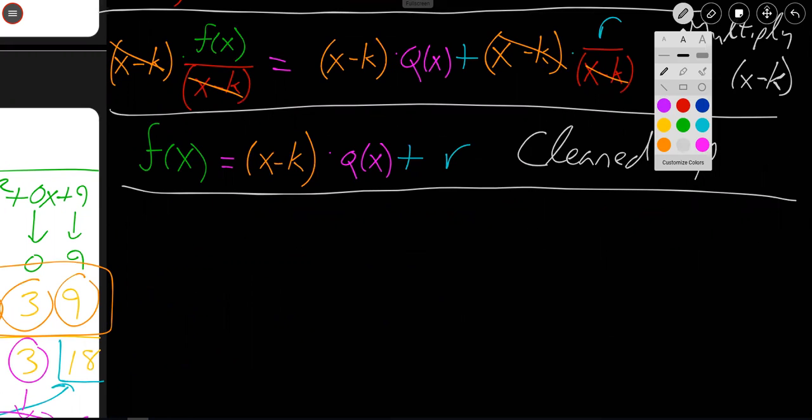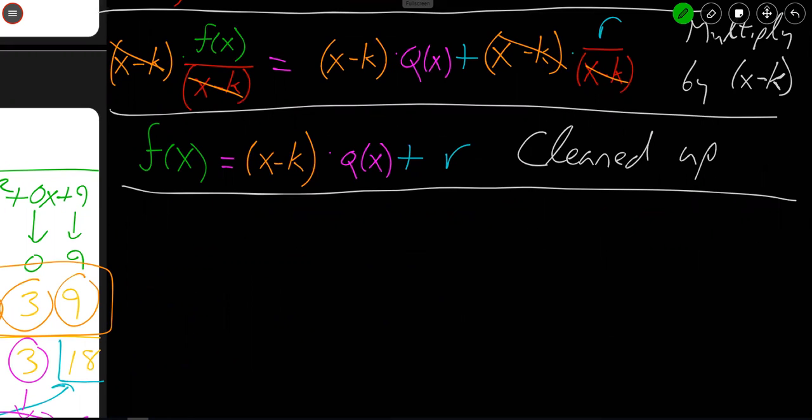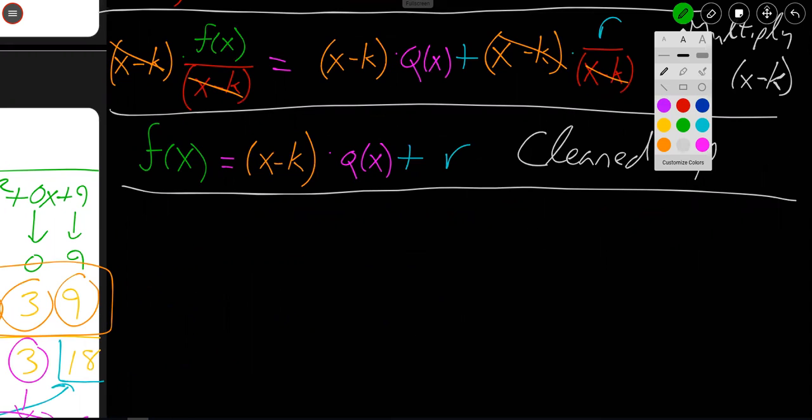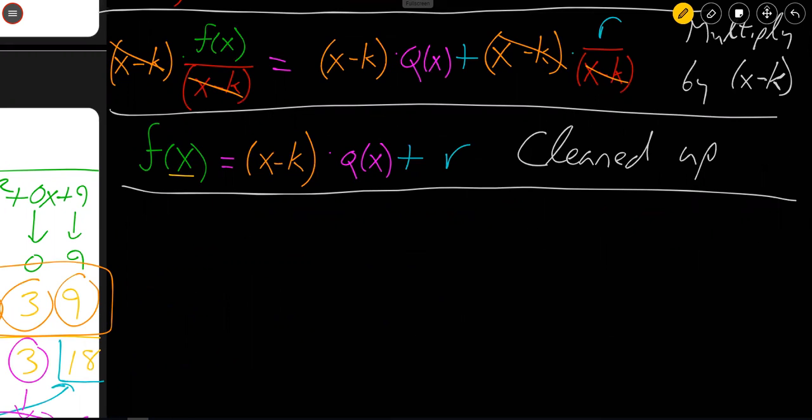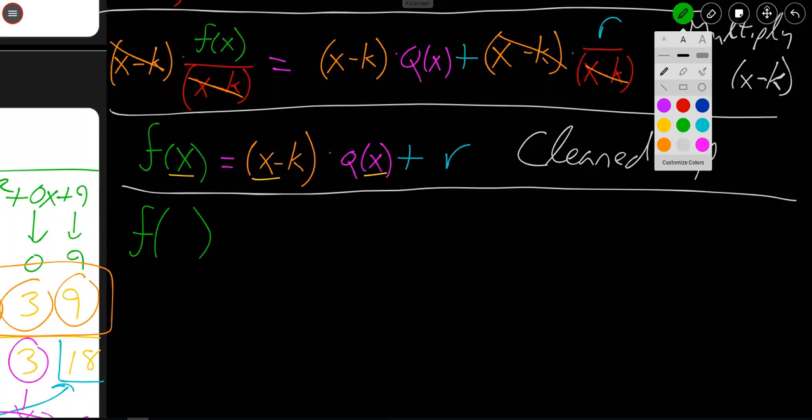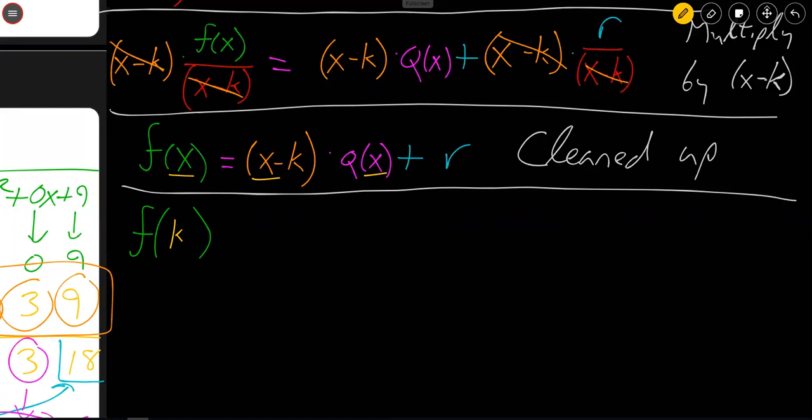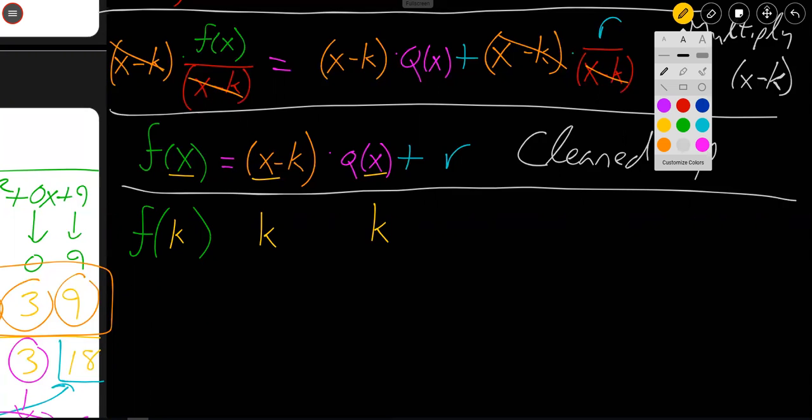Well, next up, cleaning up this little mess here. Next up, what I'm going to do is I'm going to see what happens when I plug in that k value from synthetic division in everywhere that I have an x. So I'm plugging in a k value everywhere that I normally would have an x.